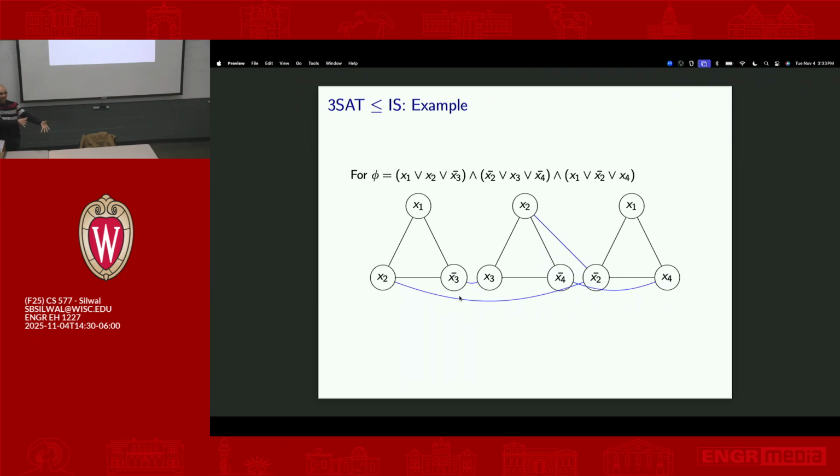And I showed you the answer is yes if and only if the formula has a satisfying assignment. So if I have an algorithm for independent set, I would convert it to the graph, plug it into the algorithm, and it will say yes or no, and that would be the right answer for the formula. So that means if I have an algorithm for independent set, I can convert it into an algorithm for 3SAT. So 3SAT is reducible to independent set. Questions?